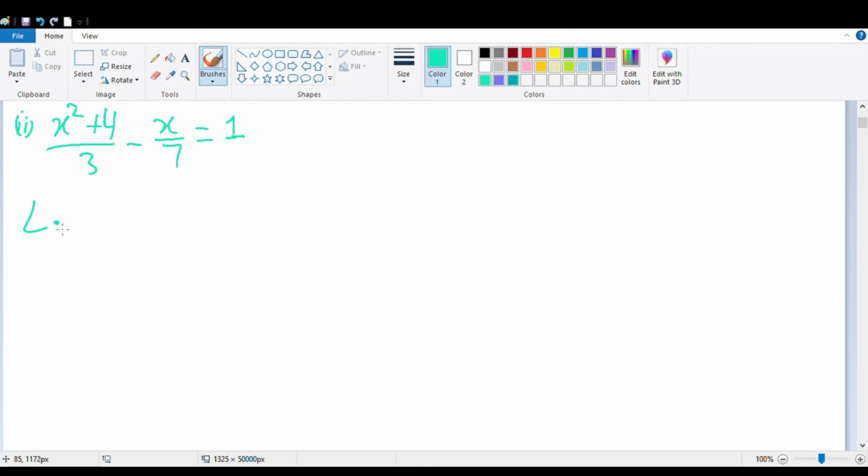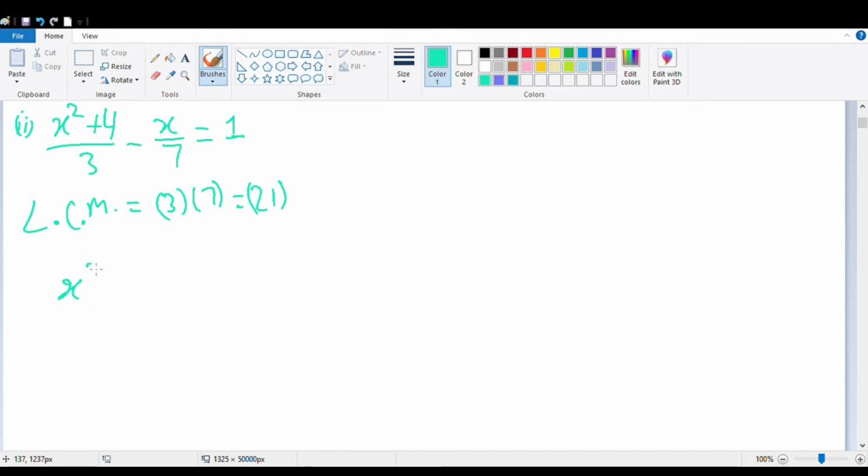So let's find the LCM. LCM is just the product of the denominators, so that's 3 multiplied by 7, which is 21. So now we're going to multiply all terms by this LCM.